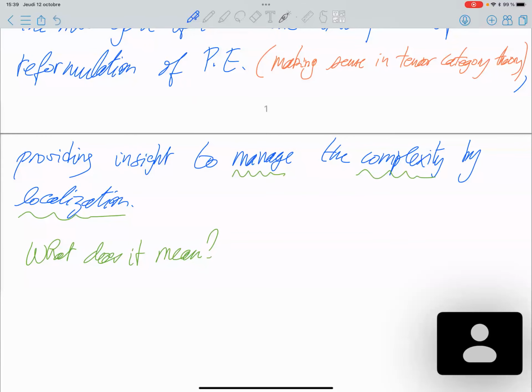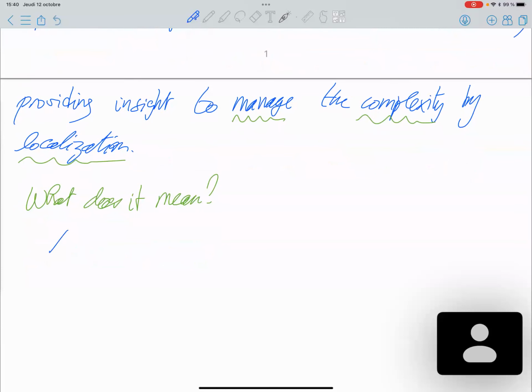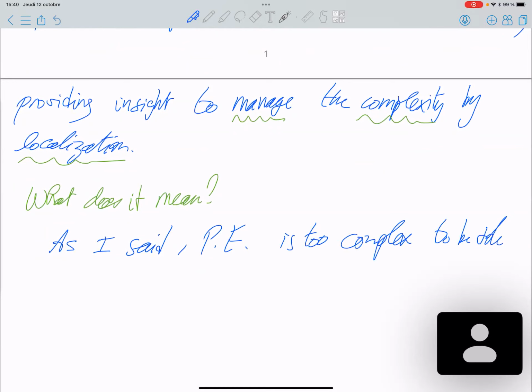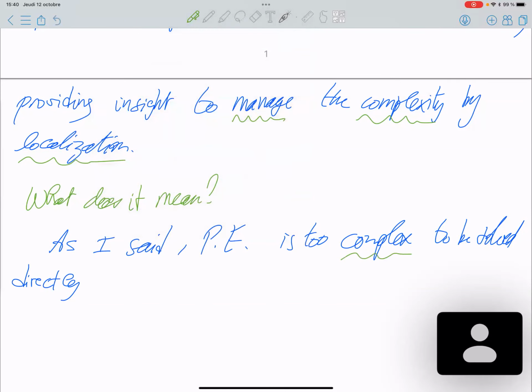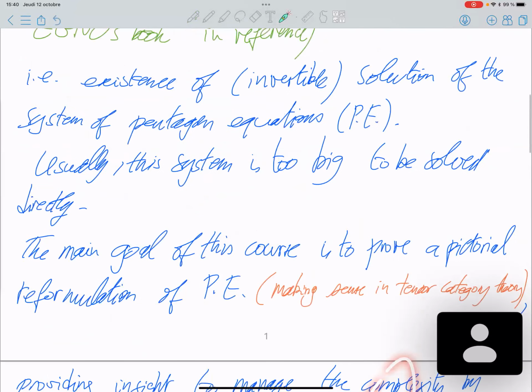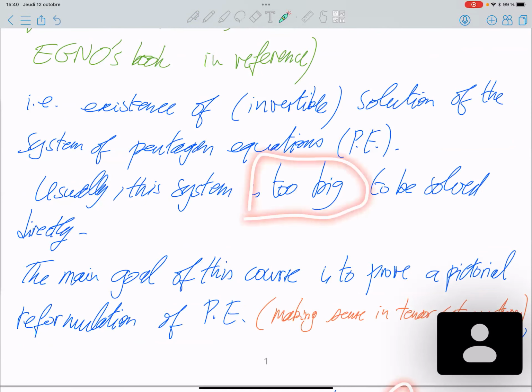So it means the following. As I said, the Pentagon equation is too complex to be solved directly. Complexity here is in the sense of being too big, too complex to be solved.